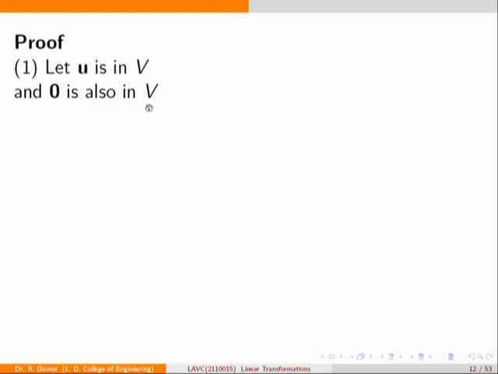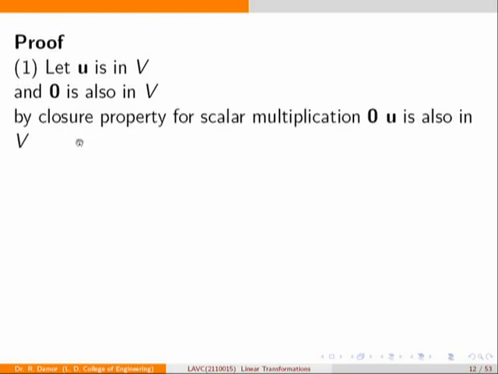Now 0 is a scalar and u belongs to V, so their scalar multiplication 0 into u is also in V. Scalar multiplication of a vector is again in the vector space. So this is the closure property of scalar multiplication: 0 into u is also in V.